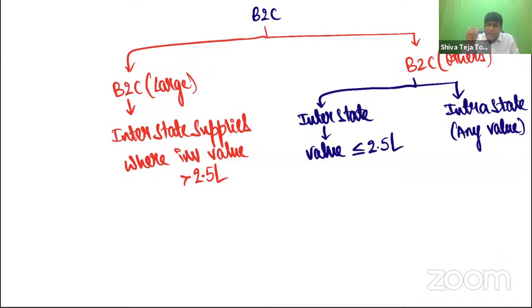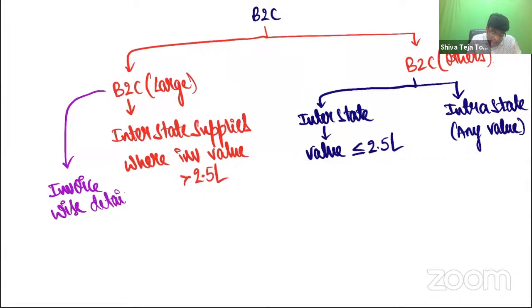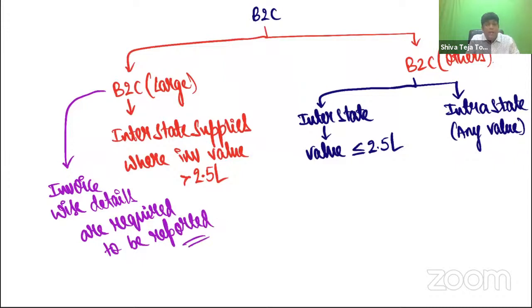Now, what is the significance of B2B and B2C? Why do I explain this concept to you? In case of B2C large, invoice-wise details are required to be reported in GSTR 1.